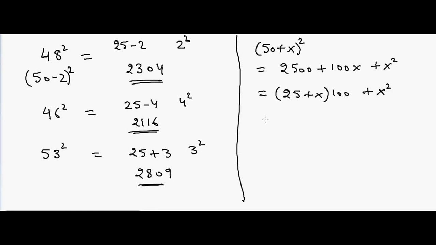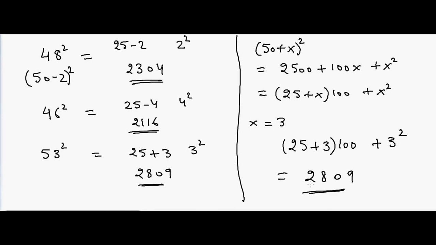So now as you can see that if x is equal to 3, then what I'm doing is I'm adding 25 plus 3, right, and then I'm adding 3 square. So the answer is equal to 2809. So this is how this trick works.